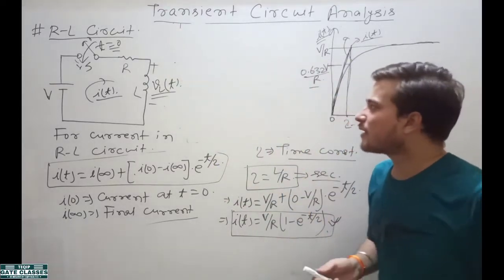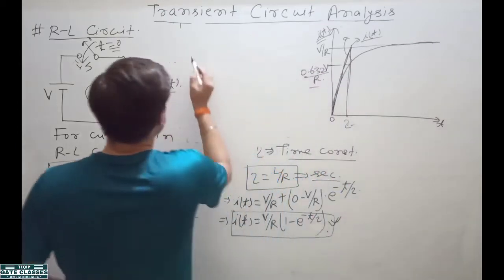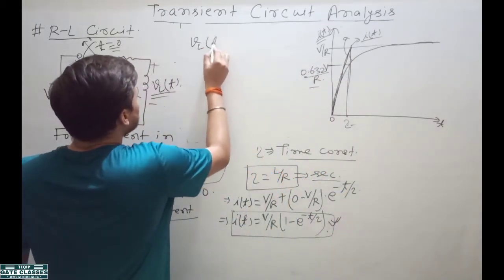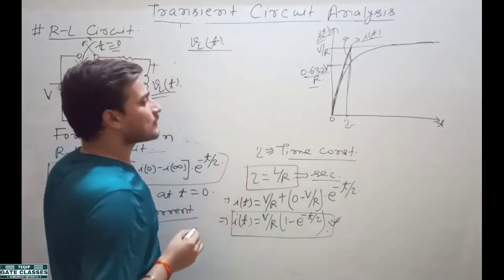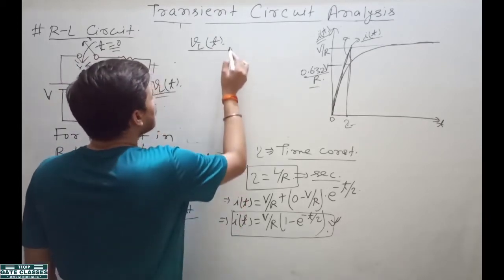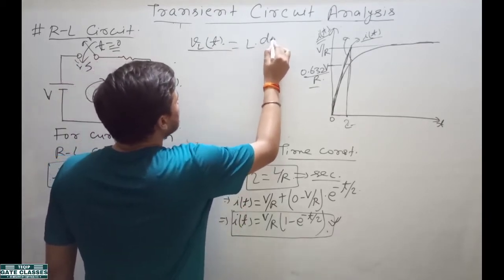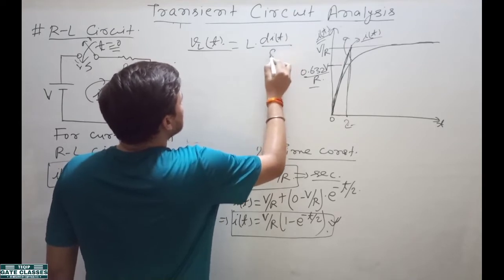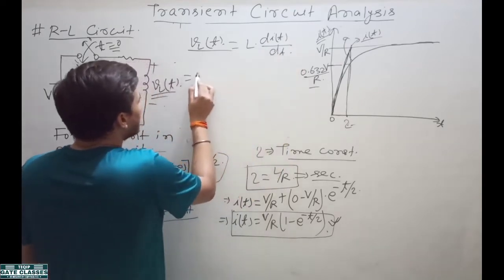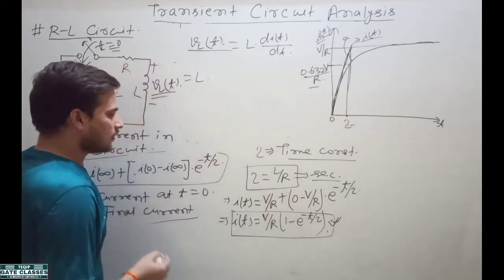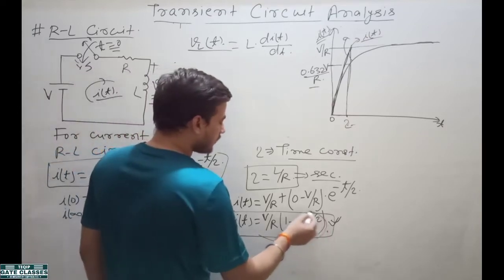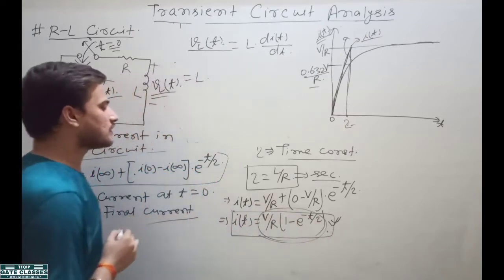So now you have to find the expression for voltage across inductor, VL(t). What do you know? You can write L into di by dt. You have to differentiate this with respect to time.